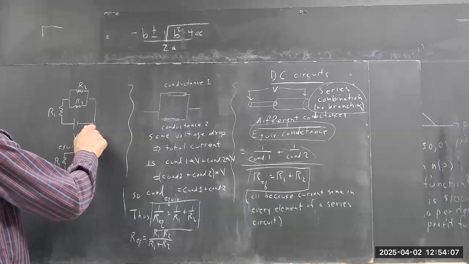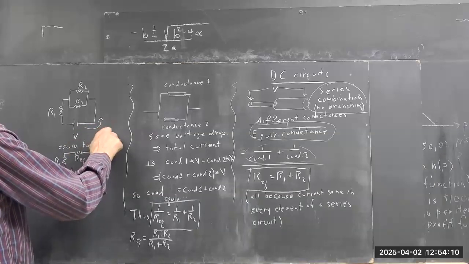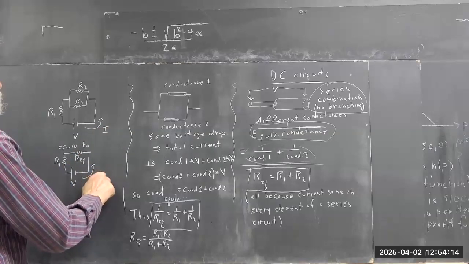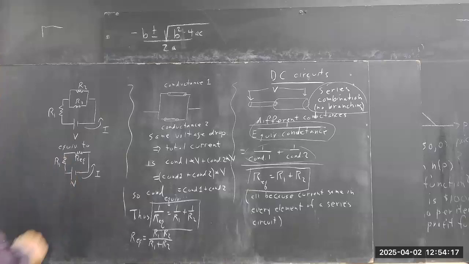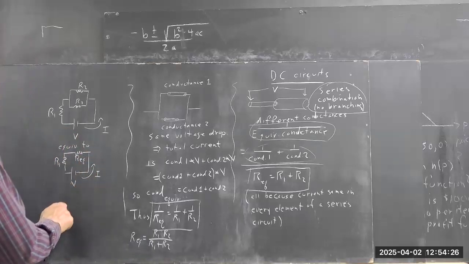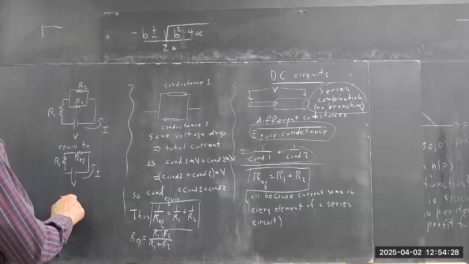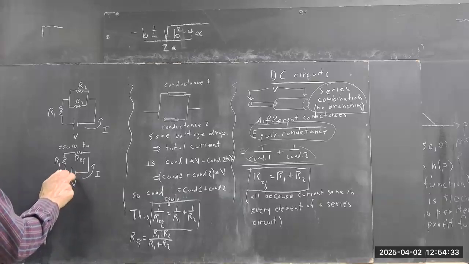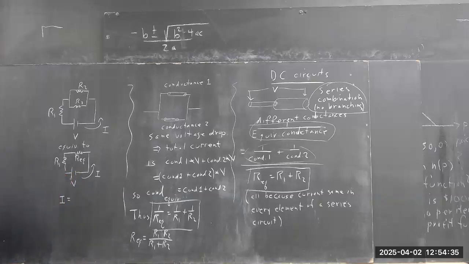So if we have a current flowing here, the current we get here is going to be the same as the current we get here. From this, we can conclude that the current, now assuming an ideal source with no internal resistance, because everything we do in lab, we're doing a lot of stuff with batteries and they all have internal resistances, right?